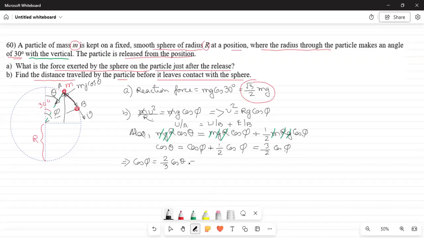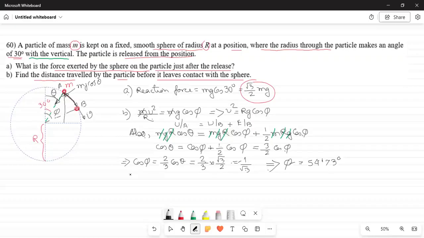Now we write the value of cos theta, which is cos 30. Cos 30 is root 3 by 2, so cos phi is equal to 1 upon root over 3. From this, you can find from your calculator that phi is equal to 54.73 degrees.